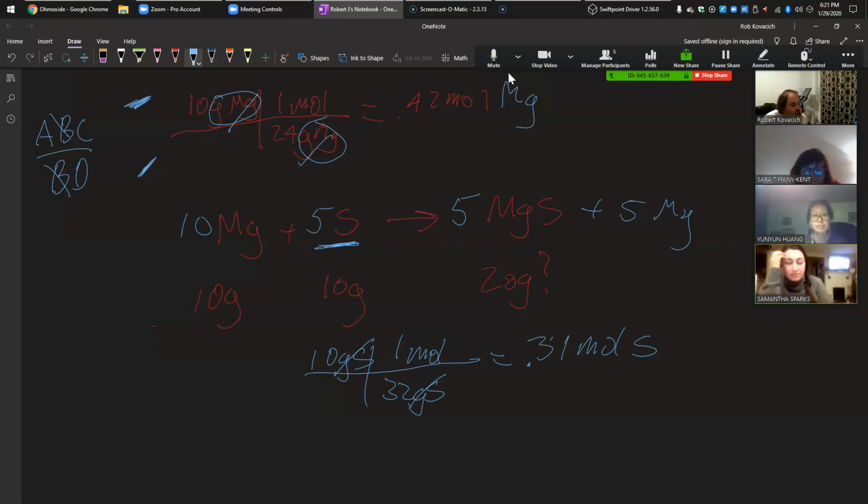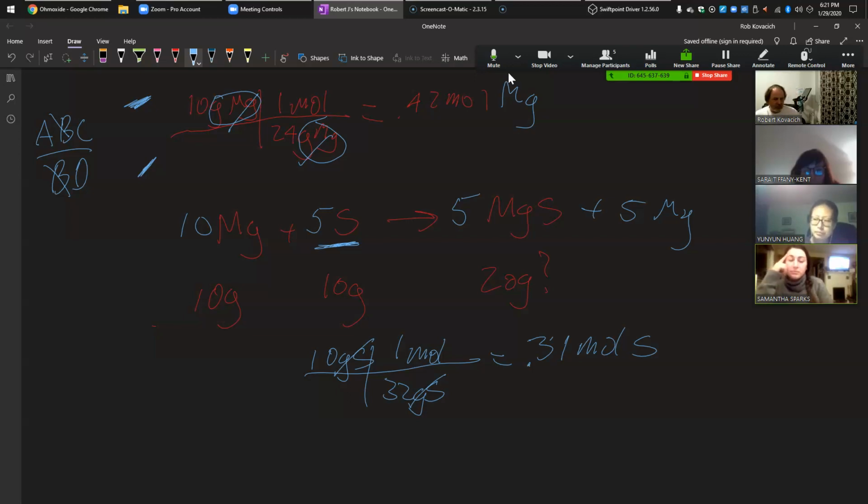The reaction is 1 magnesium and 1 sulfur makes 1 magnesium sulfide. That's the whole reaction. So if I've been given 10 magnesiums and only 5 sulfurs, I've been given 5 extra magnesiums because I can't use them. Once I've made 5 MgS's, I have no more S's. So then all I have are leftover Mg's. Does that make sense? Yeah.